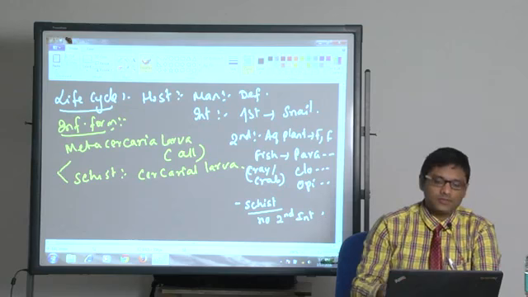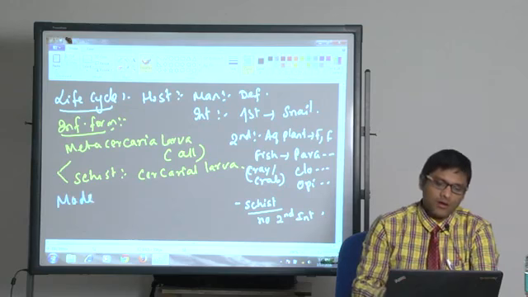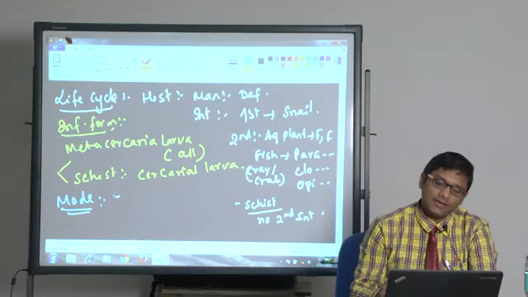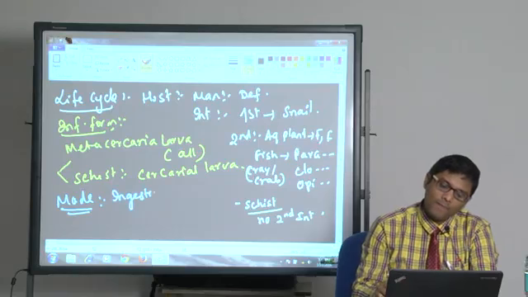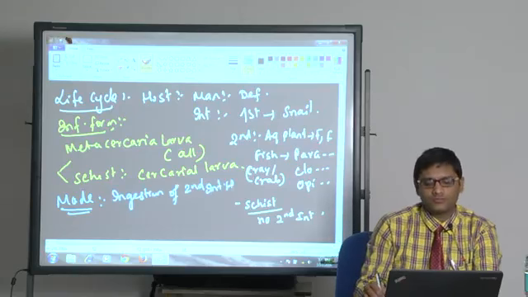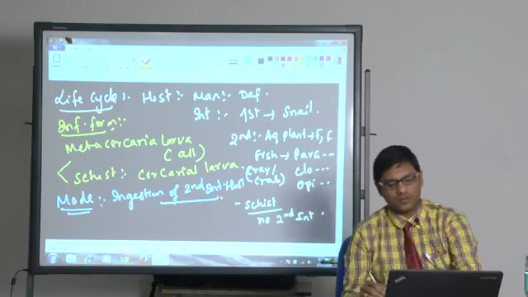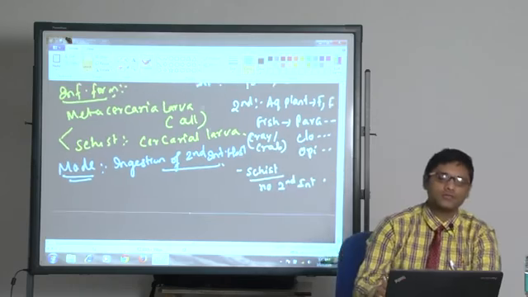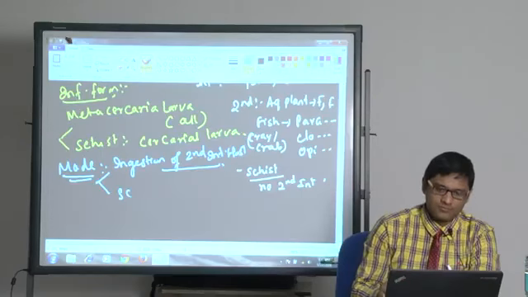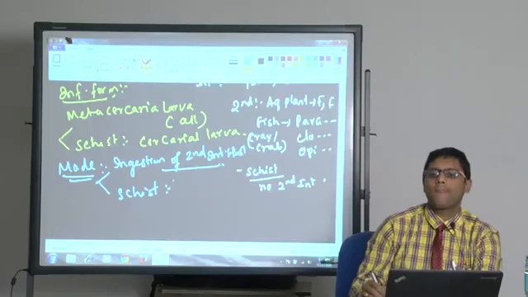Similarly, mode of transmission. Ingestion of the second intermediate host is the most common mode of transmission seen in most of the trematodes, except, which is the exception, Schistosoma.